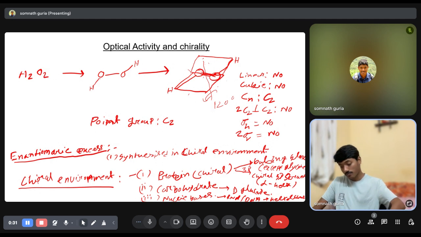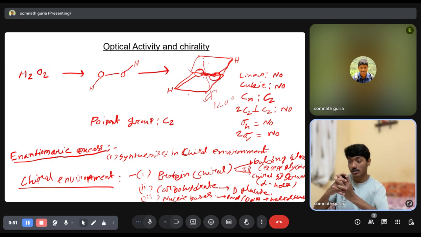So how can we do that? What is the major factor? Coming to the optical environment we are finding, how can we recognize that a molecule actually needs to be synthesized in a particular way? There are enzyme pockets.